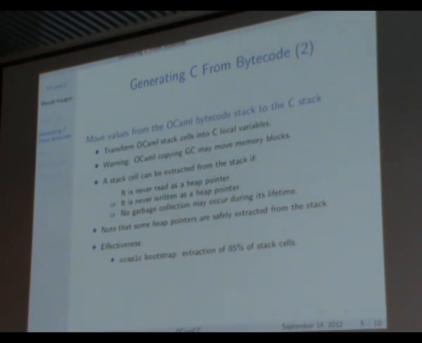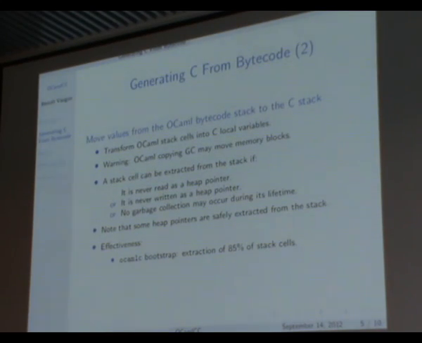It is a positive side effect of this algorithm that we can observe that sometimes some heap pointers are safely extracted from the stack. You have a simple example when a function never performs allocation, and no GC can run during its execution.